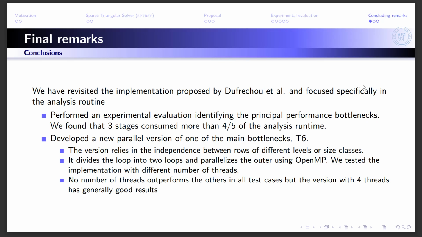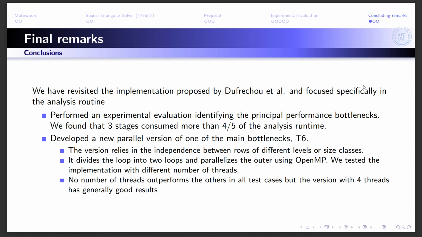Our final remarks: we revisited the implementation proposed by Dufresne et al. and focused especially on the analysis routine. We performed experimentation to evaluate the bottlenecks, and we found 3 stages that consume 80% of the time. We developed a new parallel version for one of the main bottlenecks.